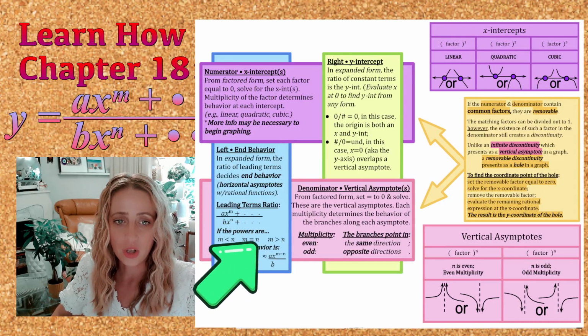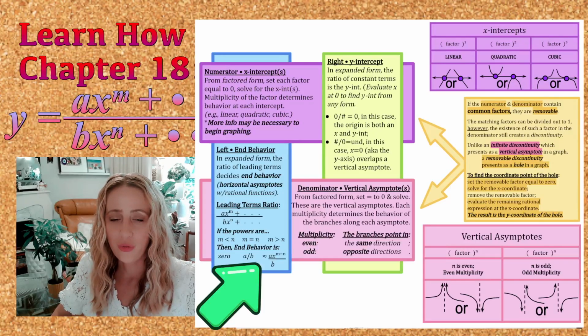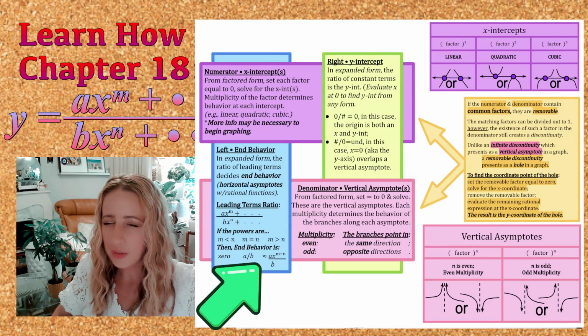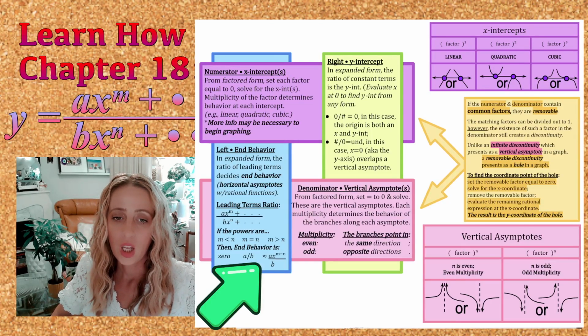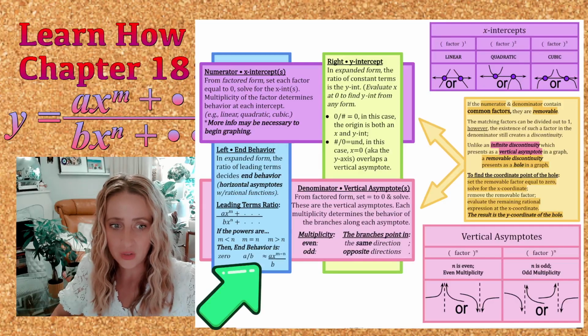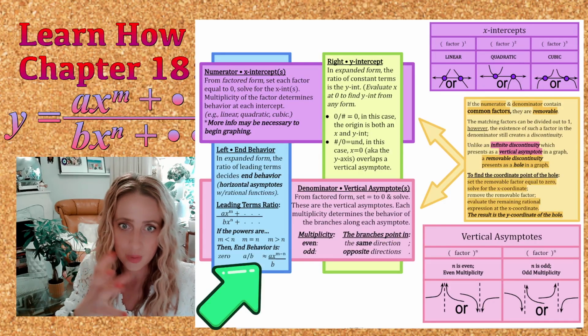We're going to focus today on when m is equal to n, it's a over b. Now, why is that? If you're finding end behavior, you're filling in either infinity or negative infinity conceptually for your x value. If you're filling in something infinite for your x value, that basically means that your leading terms matter the most.